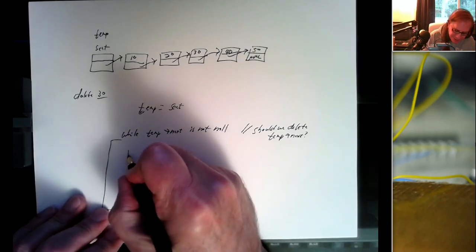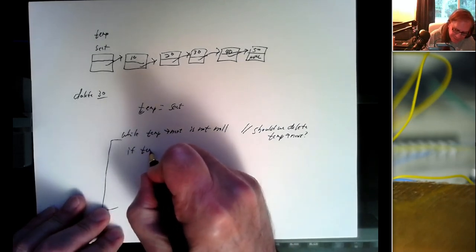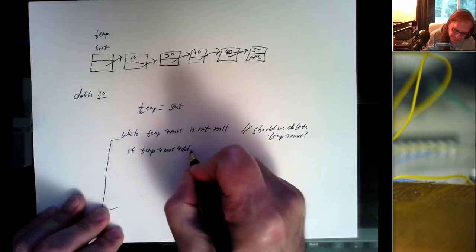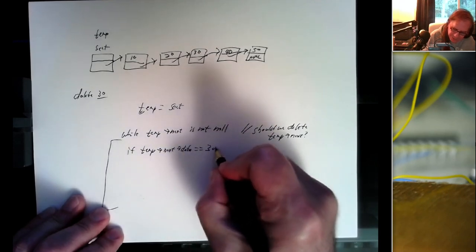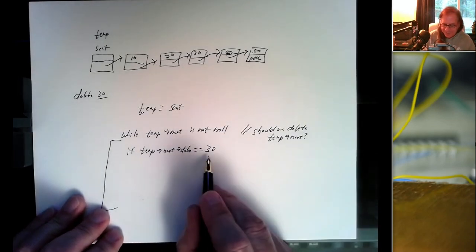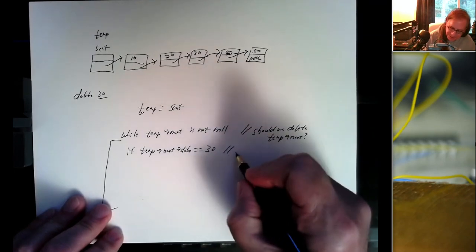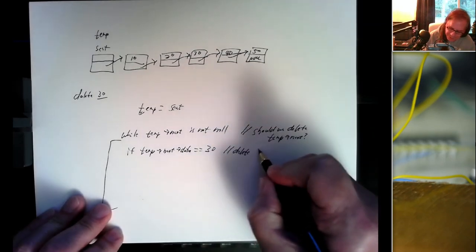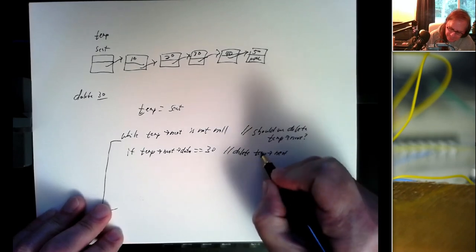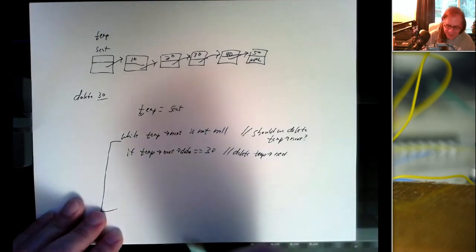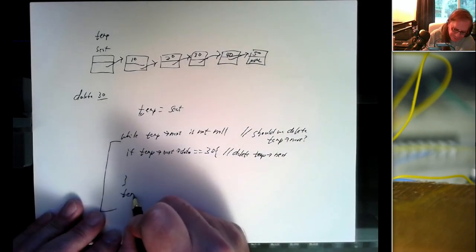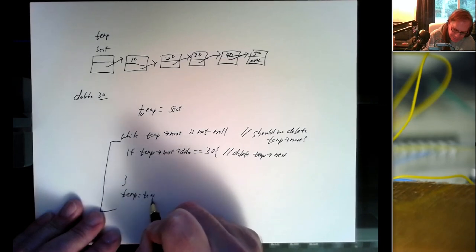So I could say something like if temp next data equals 30. So if the next node's data field is 30, then we should say delete temp next. All right, and if not, we're just going to say set temp equal to temp next.